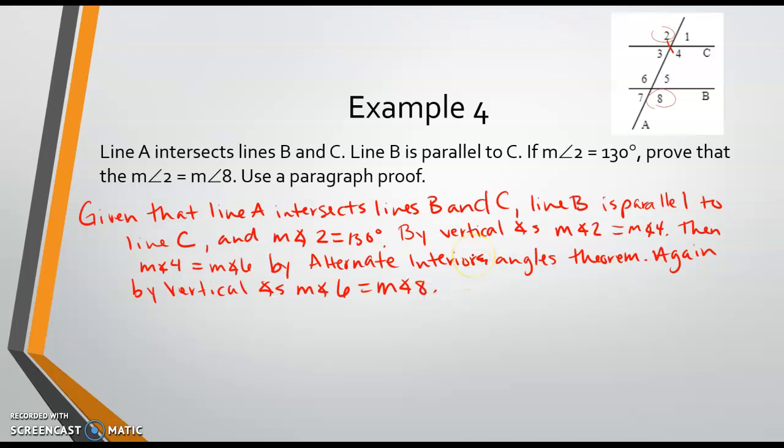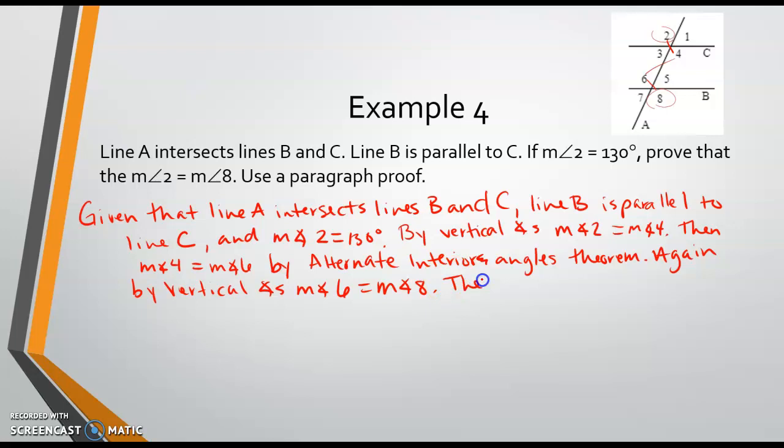Therefore, right now I've just shown that we went from 2 to 4, 4 to 6, and 6 to 8, okay? But right now I have not gotten that the measure of angle 2 is equal to the measure of angle 8. And this is how I'm going to get there.